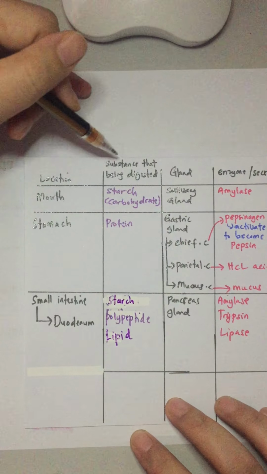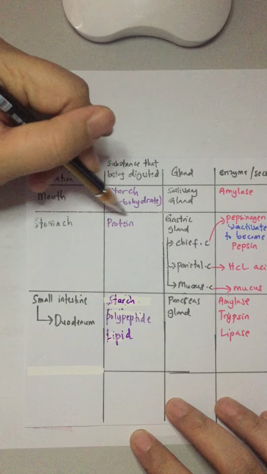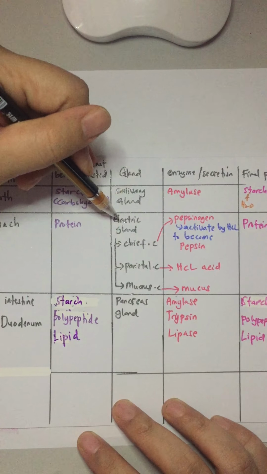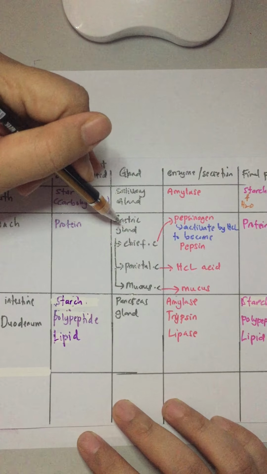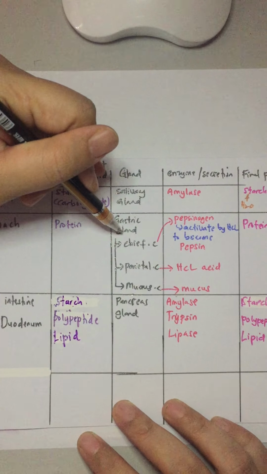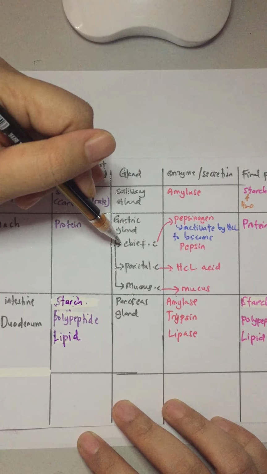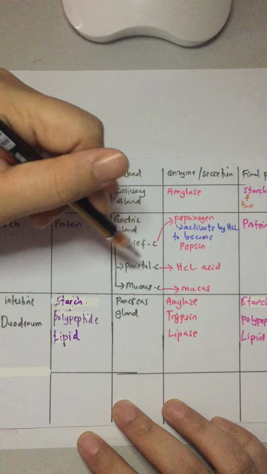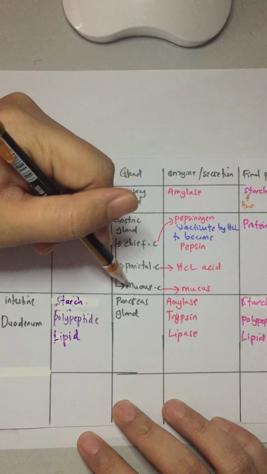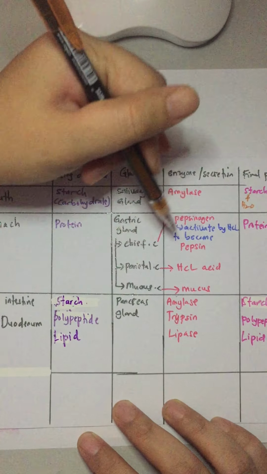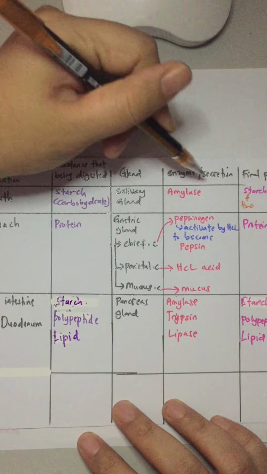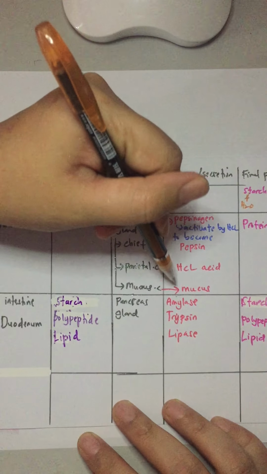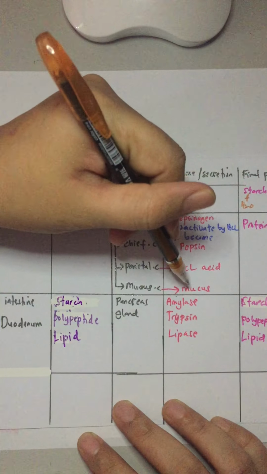Okay, next we go to stomach. In stomach, the substance that being digested is just protein. Okay, protein. So what are the glands involved? There is one gland actually, which is gastric glands, but in gastric glands we have three cells: chief cell, parietal cell, and mucus cell. Okay, so each of them will secrete, one of them secretes an enzyme, but the other two will secrete hydrochloric acid and mucus.